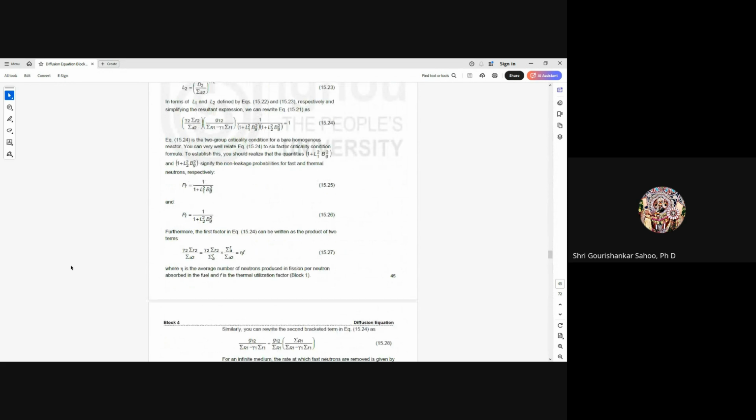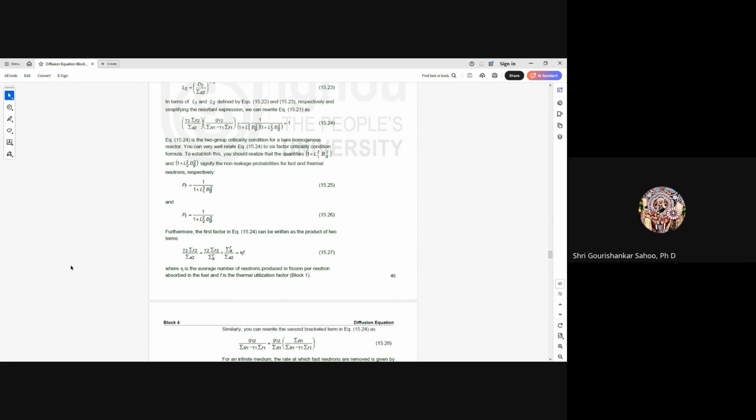The first bracketed term can be written as the product of two terms: gamma 2 sigma f2 by sigma a2 is equal to gamma 2 sigma f2 by sigma a superscript F, multiplied by sigma a superscript F by sigma a2, which is equal to eta f.